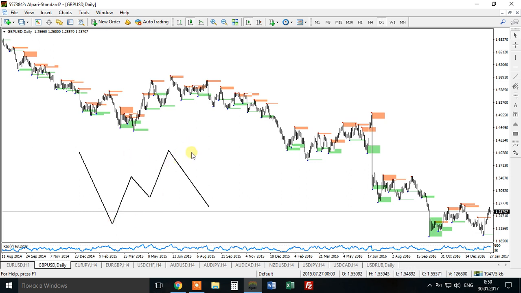So he's thinking this way. I'm thinking the opposite. I'm thinking that you should have a movement and then you should have a smaller movement. And this smaller movement indicates that the upside zigzag formation is losing its momentum and the price is ready to reverse.